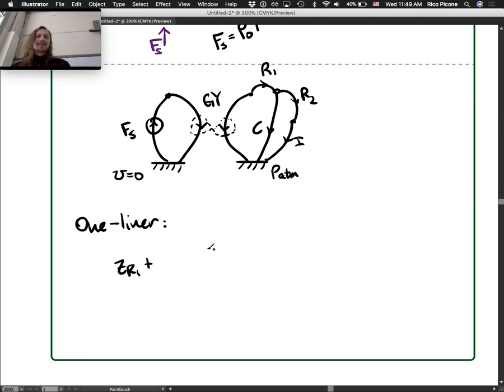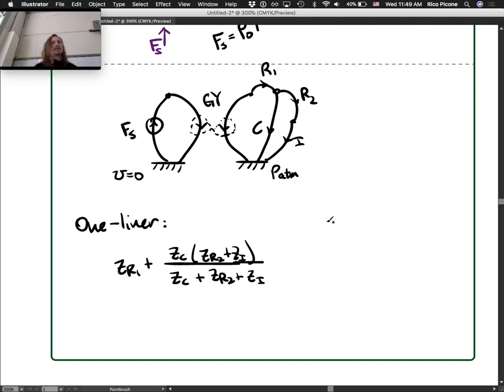We're going to do this all at once: ZC times the series combination of R2, so ZR2 plus ZI, divided by ZC plus ZR2 plus ZI. We could put parentheses here, but they're superfluous.